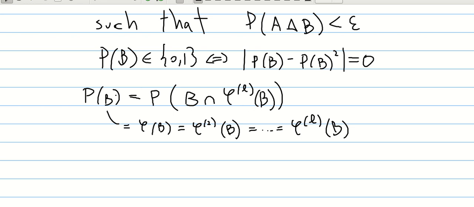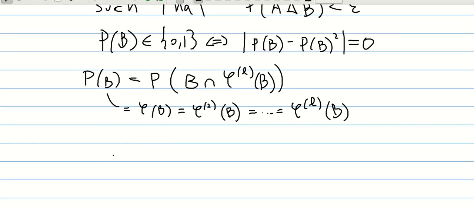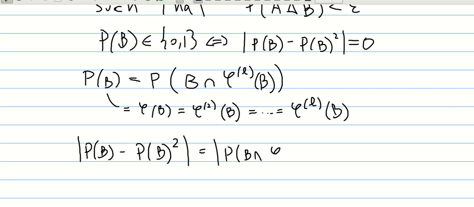But what's interesting now is that on one hand we have something that looks like probability of B. On the other hand, it looks like B appearing twice, right? So it's inspiration for getting this square here. So how do we actually get it? Let's go back to what we want to prove. The probability of B being close to the probability of B squared. Of course, the probability of B is already written here. We can replace it by B intersected with phi L of B.